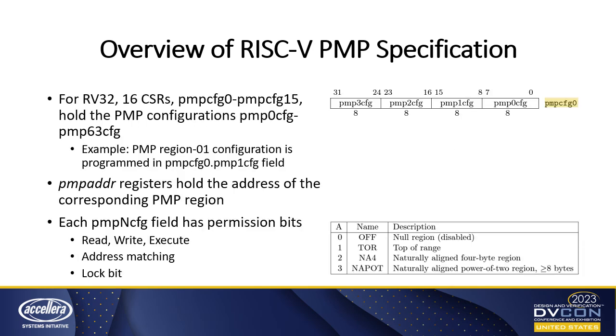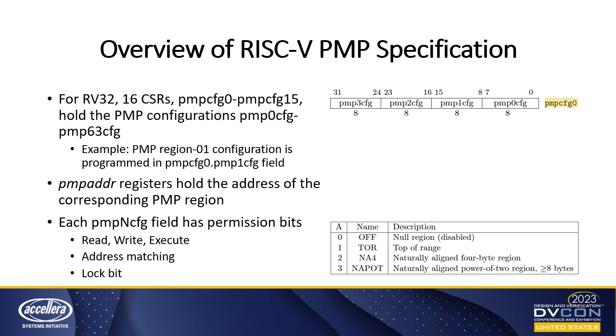The PMP configuration field for each of the PMP regions is just byte wide. So to support a maximum of 64 PMP regions, the PMP configuration fields are arranged in 16 CSRs. Each PMP configuration field has permission bits, that is read, write and execute permissions, an address matching bit and a lock bit.